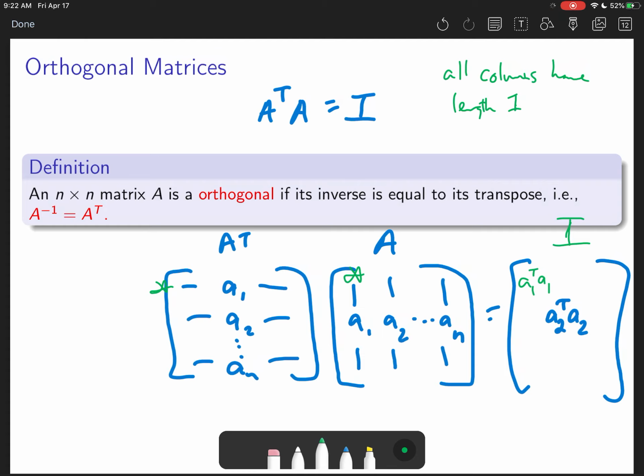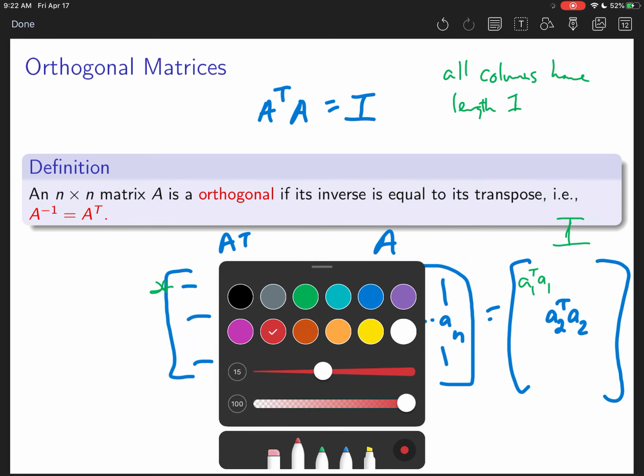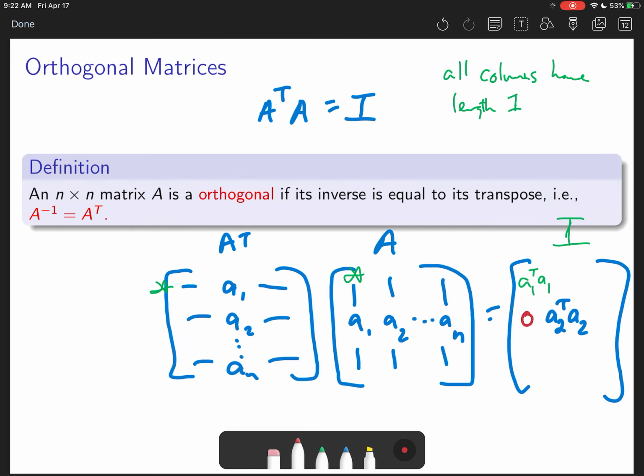So yes, all of those columns have length 1, and if we're getting zeros all around here, above and below the diagonal, that means that all the columns are orthogonal to each other, right?